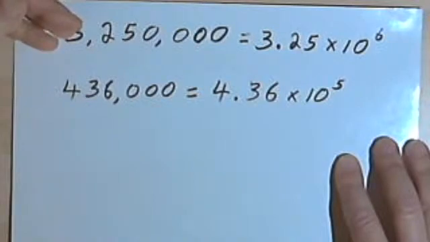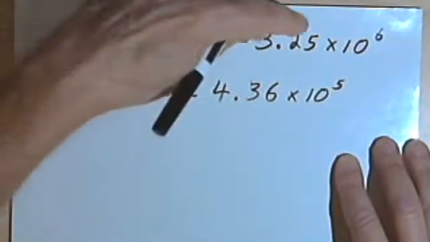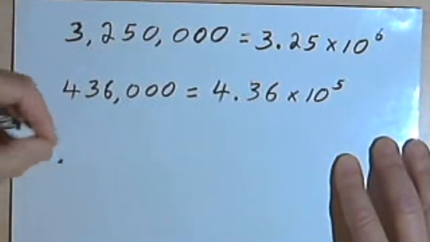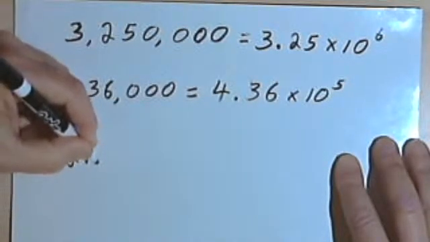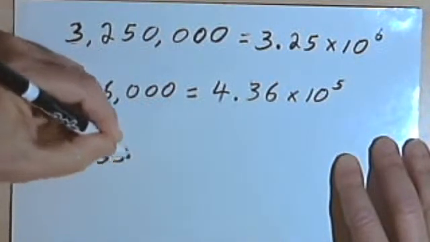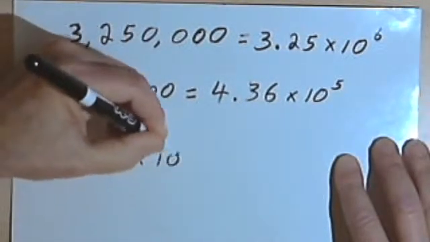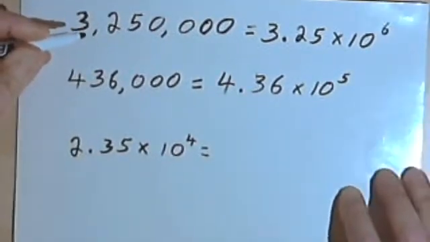Okay? So that's the whole process of going from standard notation for a large number to scientific notation. Let's do an example where we go back in the other direction. So let's say I've got 2.35 times, well, I don't know, 10 to the 4th, and I want to convert that to standard notation.